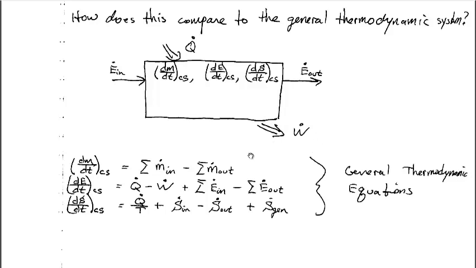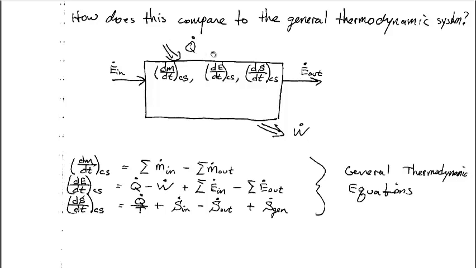Okay? So the only way we can exchange mass between the control system and the surroundings is through mass flow in or mass flow out. The only way that we can exchange entropy between the control system and the surroundings is with entropy flow in or out and with heat transfer.